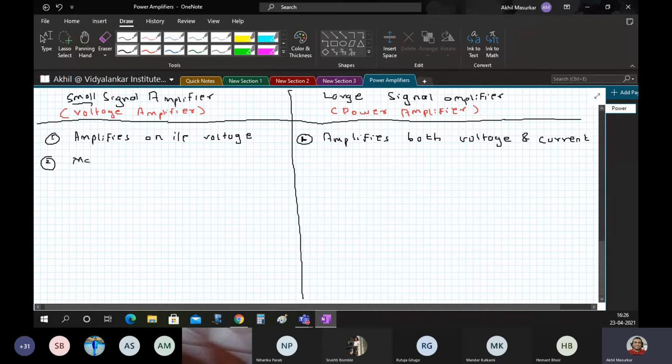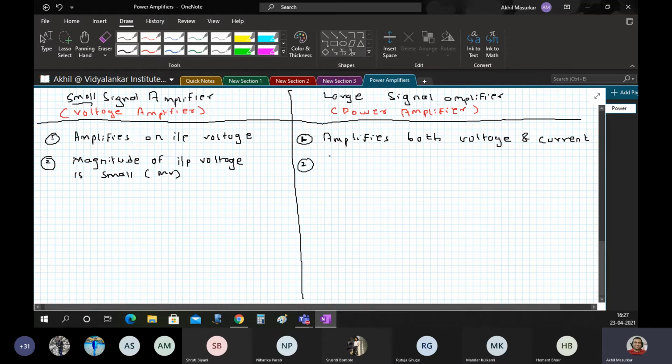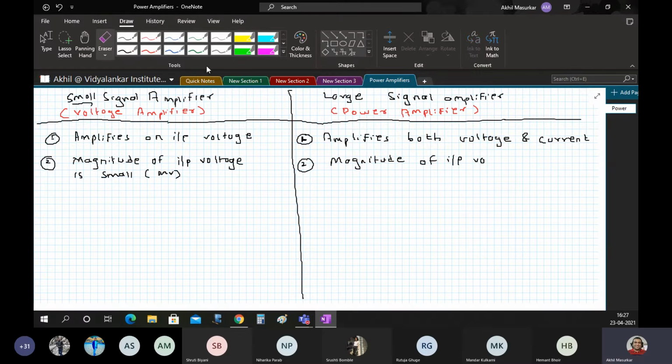The second point is that since it is a small signal, the magnitude of input voltage is small, somewhere in millivolts. Here the magnitude of input voltage or input signal, I will say, can be large.